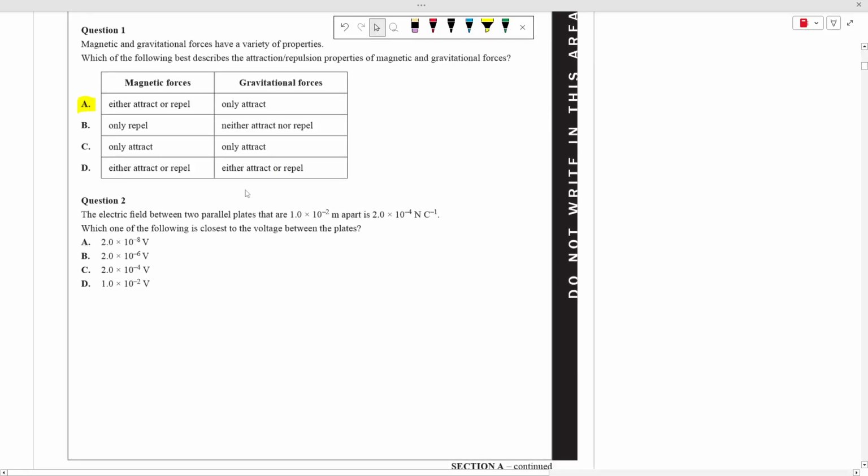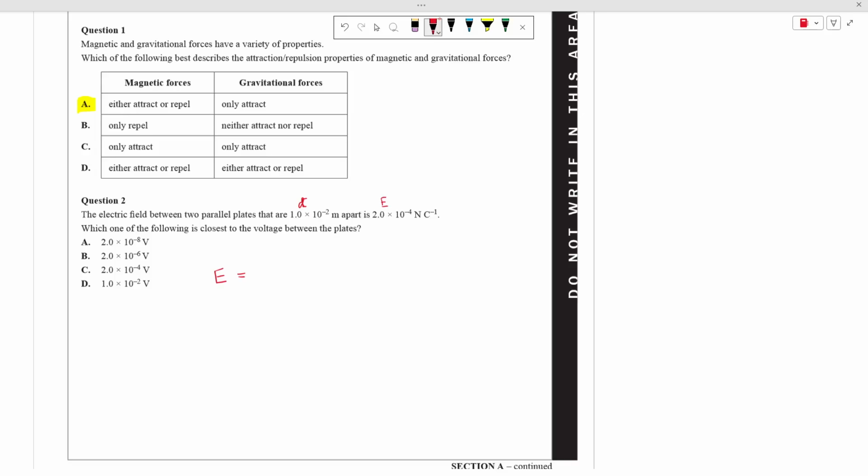Question 2. The electric field between two parallel plates that are 1 times 10 to the negative 2 meters apart is that. Which of the following is closest to the voltage between the plates? So what do we have? We have electric field strength here, and we have distance. So we have basically the formula: electric field equals, what is it?